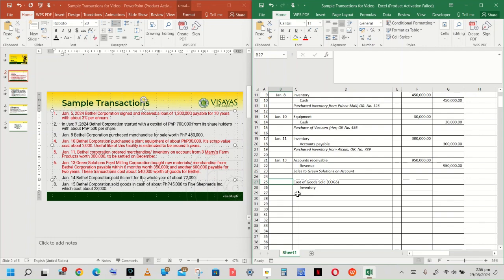So, sales to green solutions. Okay, how much again ang cost ng inventory? Sabi dito ang transaction worth 540,000. So, na-debit sa cost of goods sold at na-credit naman siya sa inventory kasi nabawasan yung ating inventory.